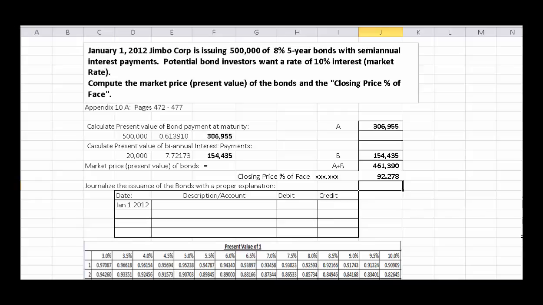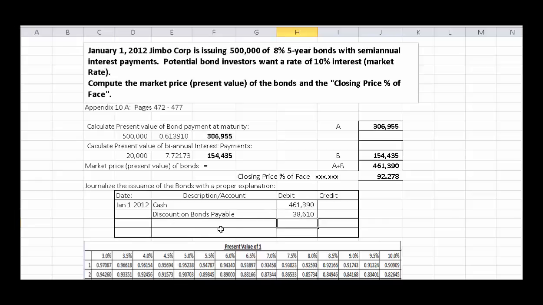First, we begin with our debits, and that's going to be our total cash received on the issuance here. So we have cash, and here's our debit to cash. Now it was sold at a discount, so that's going to be a debit to discount on bonds payable. The discount on the bonds payable is going to be equal to 500,000 minus the price.